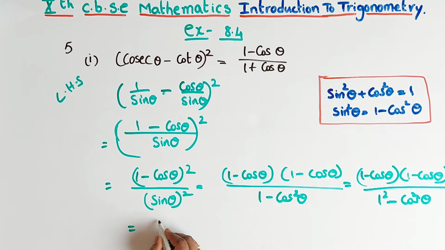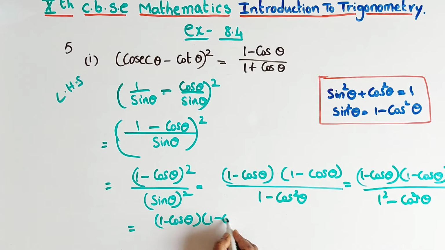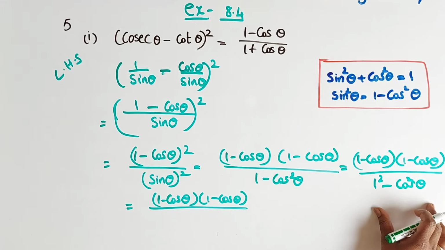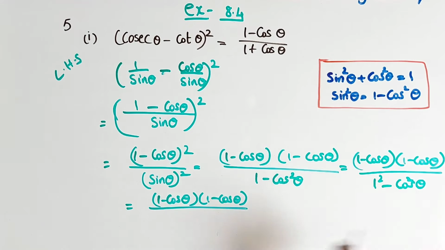Now numerator I am writing as it is. And in denominator, this is a square minus b square, so I can write it in the form of (a plus b) into (a minus b). That is (1 plus cos theta) into (1 minus cos theta). Correct, children?